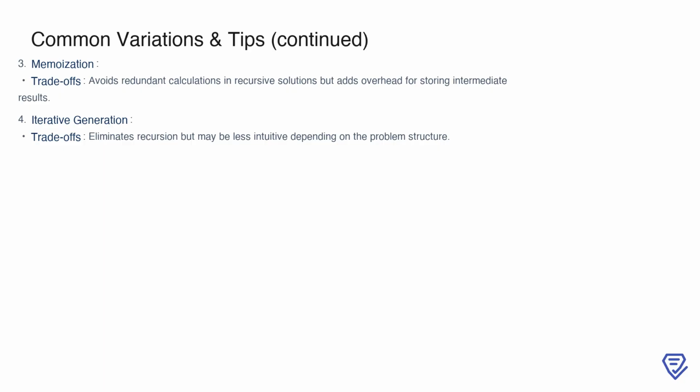This method can be particularly useful for avoiding stack overflow issues in problems with large input sizes. However, iterative solutions can sometimes feel less intuitive, especially for problems that naturally lend themselves to recursive thinking. Each of these techniques has its own strengths and weaknesses, and the best choice depends on the specific constraints and requirements of the problem you're tackling.